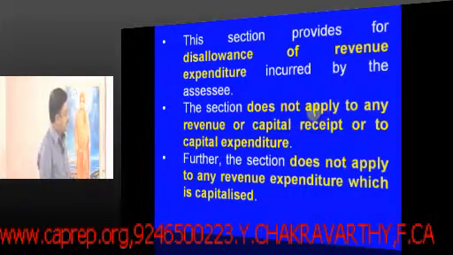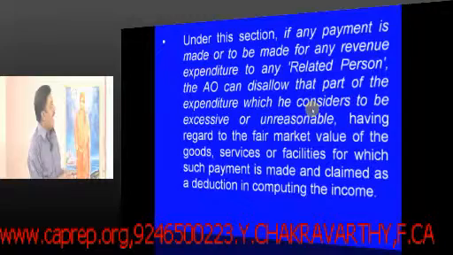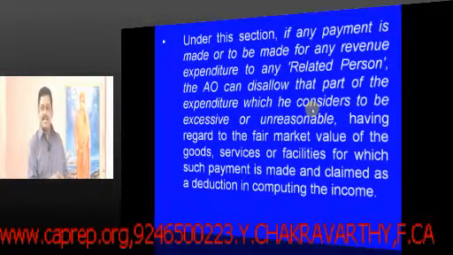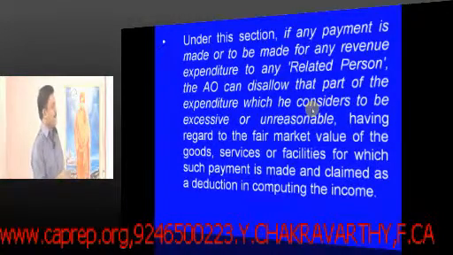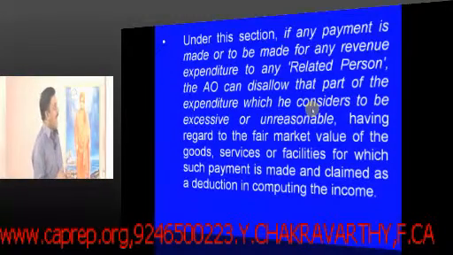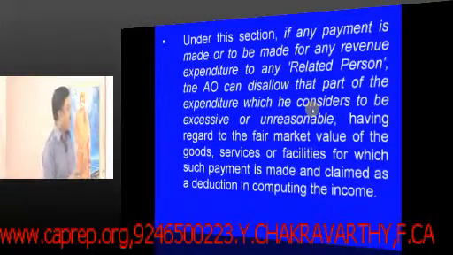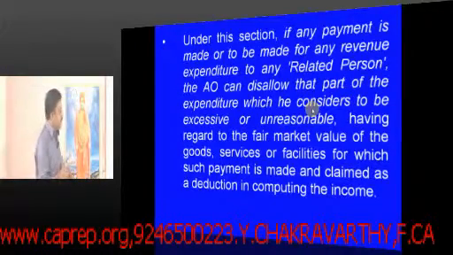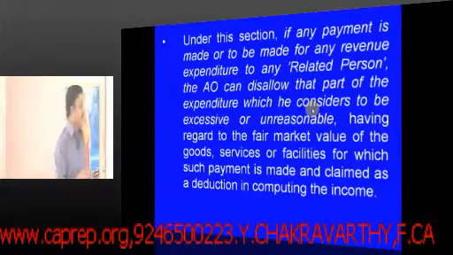Then friends, under this section, if any payment is made or to be made for any expenditure to any related person, the assessing officer can disallow that part of the expenditure which he considers excessive and unreasonable, having regard to the fair market value of the goods, services or facilities for which such payment is made and claimed as a deduction.